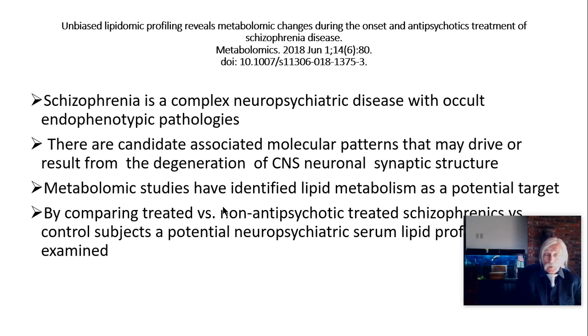Actually, these are going to be dealing with postmortem studies, versus control subjects. And they're going to be looking at a potential neuropsychiatric serum lipid profile and see whether or not they can link this to people that have schizophrenia that are or are not on antipsychotic drugs, and determining whether or not the antipsychotic drug, of course, has an effect on that serum lipid marker.